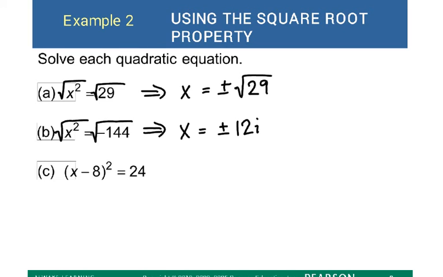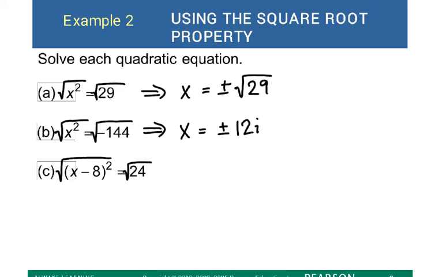Next, we end up in part C here, where we're going to be using, again, this square root property. The first thing we do in part C, just like in the previous problems A and B, is take the square root of both sides of the equation to get rid of that squared.